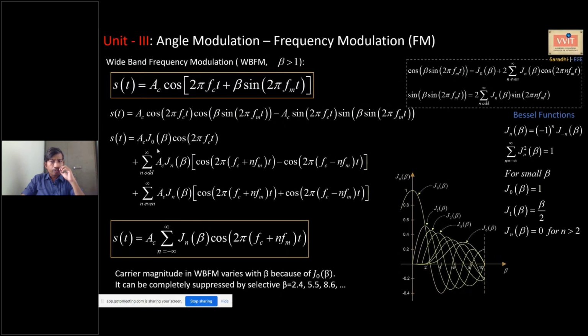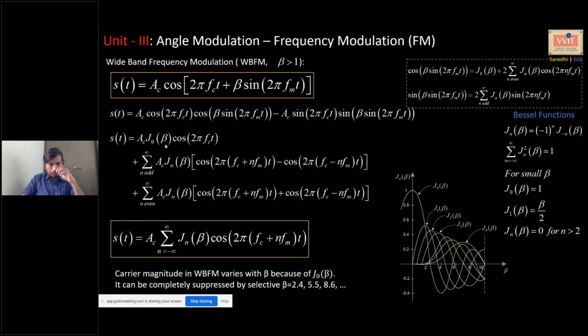But at what values of beta? The horizontal axis is beta, the vertical axis is Jn of beta. So as beta is increasing, each of these functions periodically becomes 0. To suppress the carrier, we need to choose beta such that J0 of beta becomes 0.